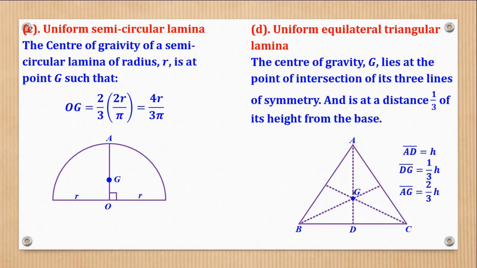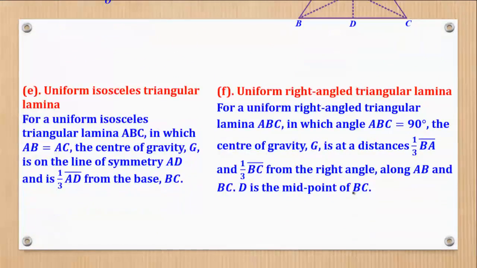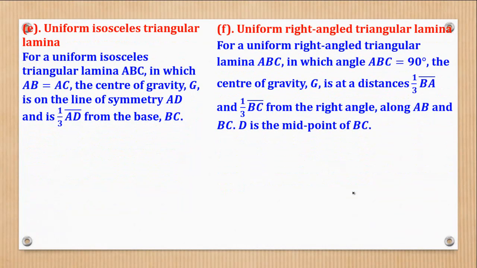So if AD is h, then DG is 1 over 3h, and AG is 2 over 3h. But that does not work for only an equilateral triangle. It works for all triangles. So let's start with an isosceles triangle.